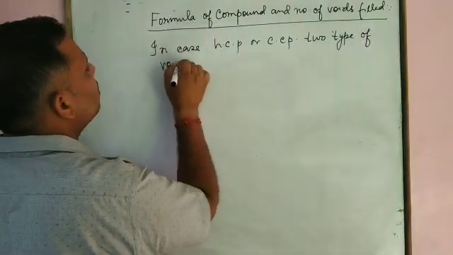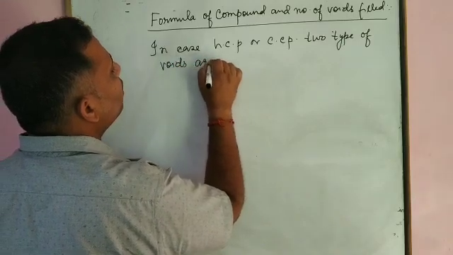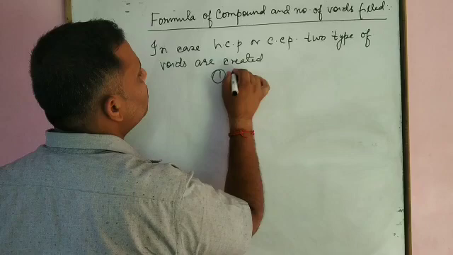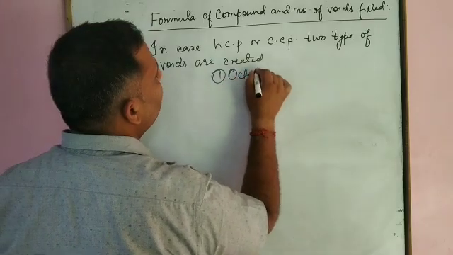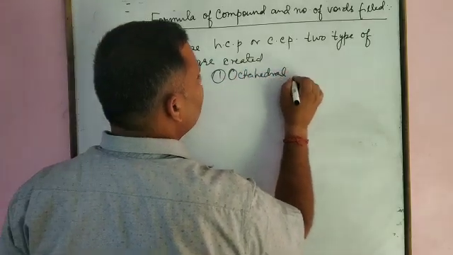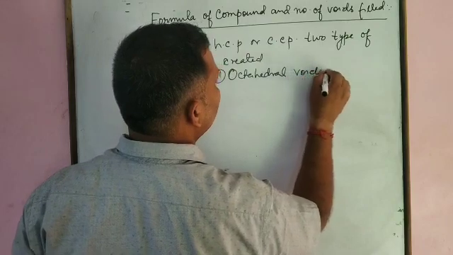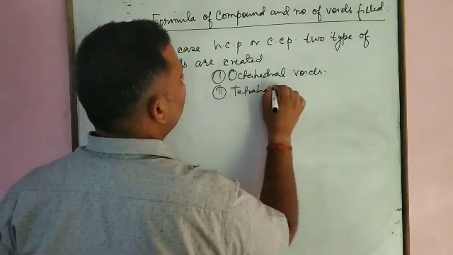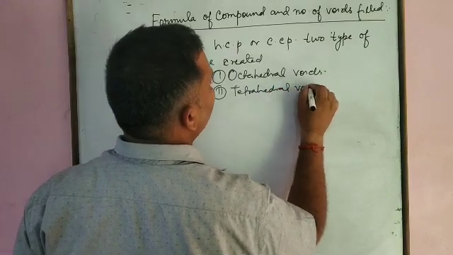The first one is octahedral voids, and the next one is tetrahedral voids.